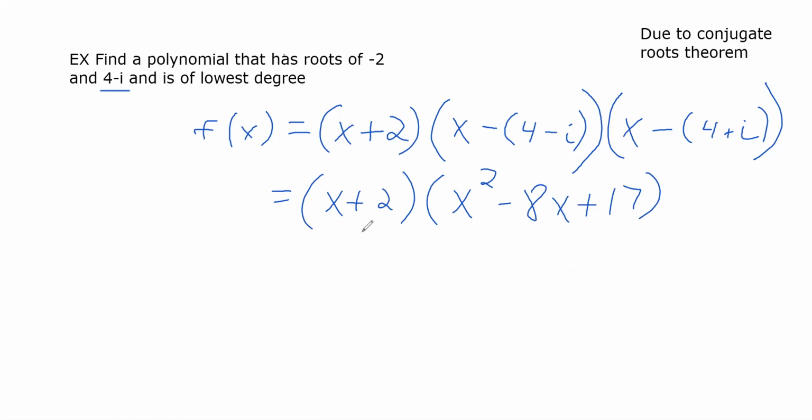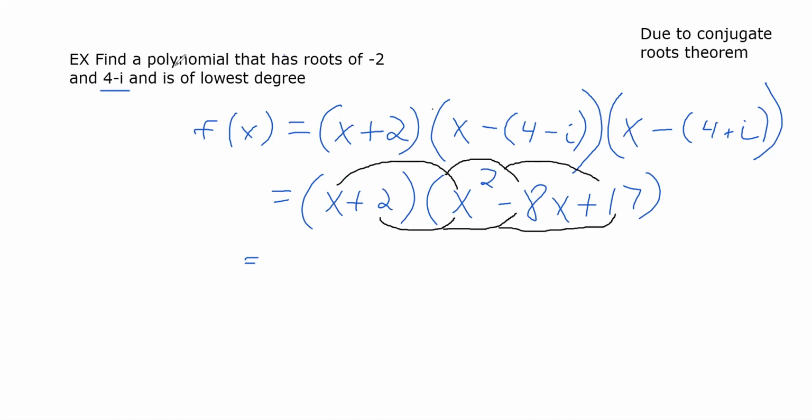And now to fully finish this off, we need to multiply this x plus 2 out. We need to distribute it out, so this is like extending FOIL. We do the x times everything in here, the x times that, times that, times that. We do the positive 2 times that, times that, times that.